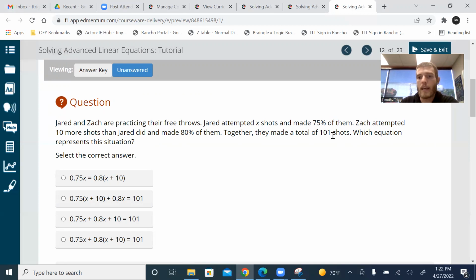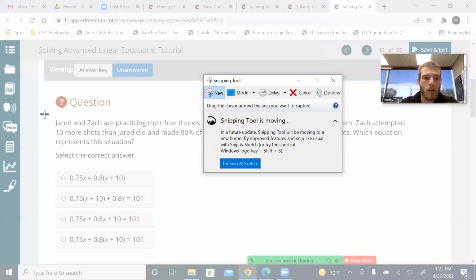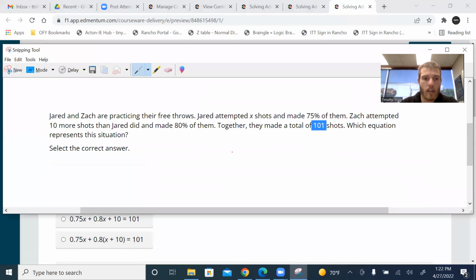So the key thing is that when you add the shots that Jared made to the shots that Zach made, you get 101 shots. By the way, free throws are like shooting basketballs, right? So let's figure out what this equation is going to look like.